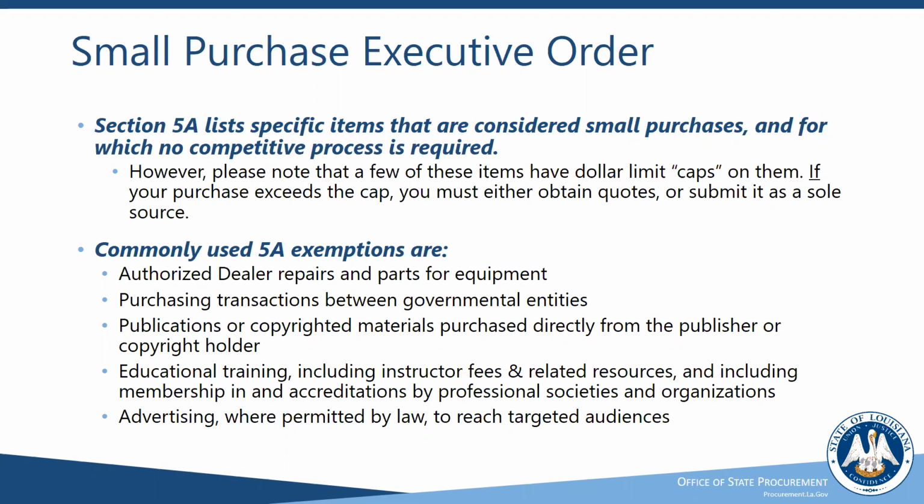Most of you are probably already approved, but you submit that to our office, it gets reviewed, and then you get a letter saying you're approved as a quasi-agency to utilize our statewide contracts. So that's still an option for you, but please make sure that you are approved and have access to those statewide contracts.